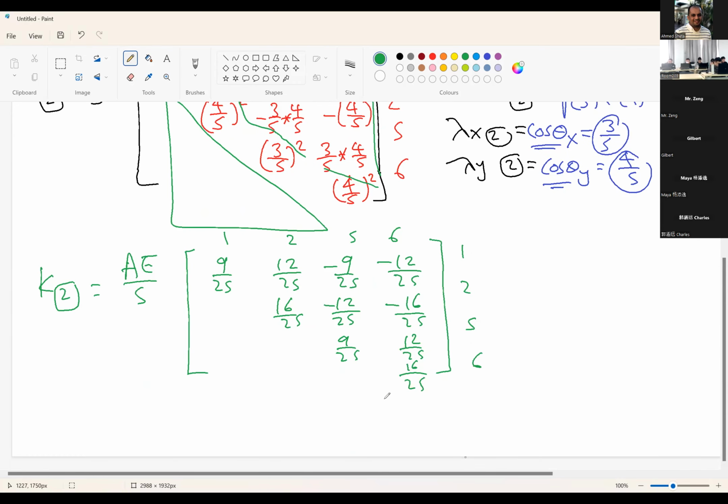This one will be 12 over 25, negative 9 over 25, 12 over 25, negative 12 over 25, negative 16 over 25, negative 12 over 25. So this is the final global stiffness matrix for member 2.